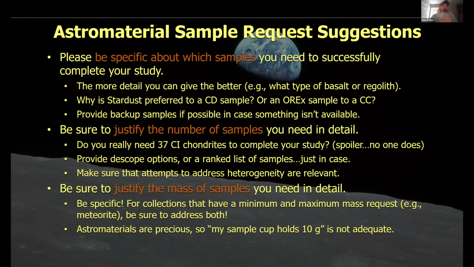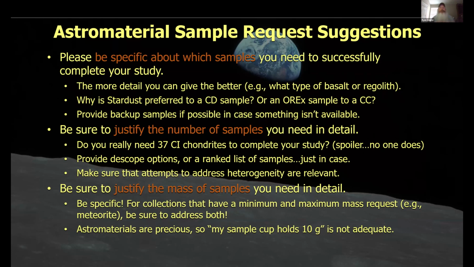And so justifying why you want a Stardust sample instead of a cosmic dust sample to answer a pre-solar grain question is important. Cosmic dust samples and meteorite samples are renewable. We are collecting more of them. Stardust samples we aren't collecting any more of. So I'm not saying it's harder to get a Stardust sample for pre-solar grain, but you have to make the case why you need a Stardust sample versus a cosmic dust sample.